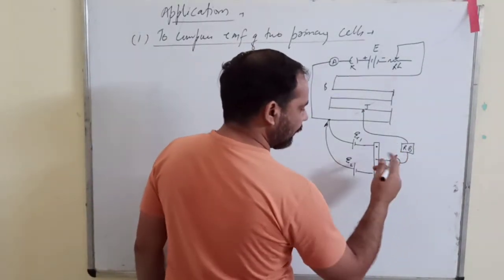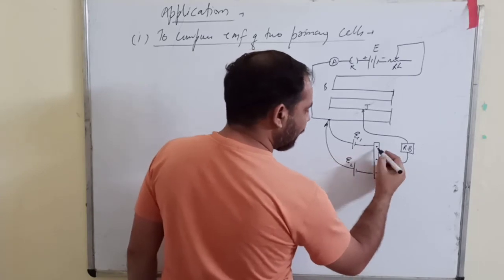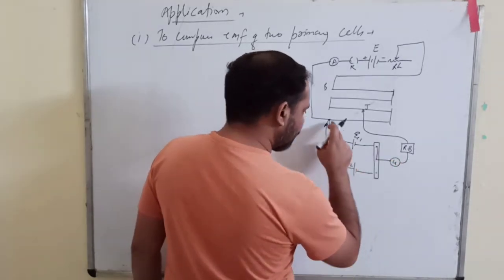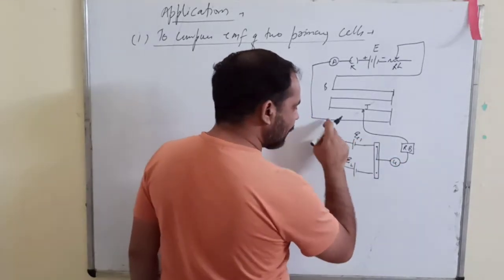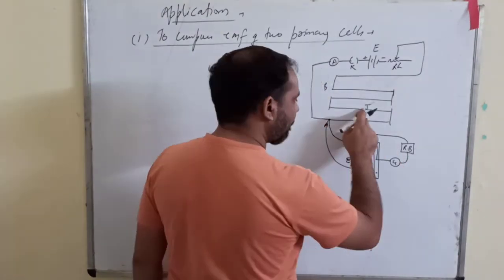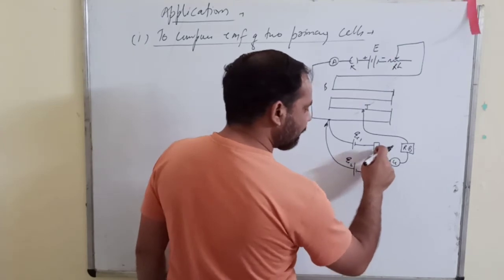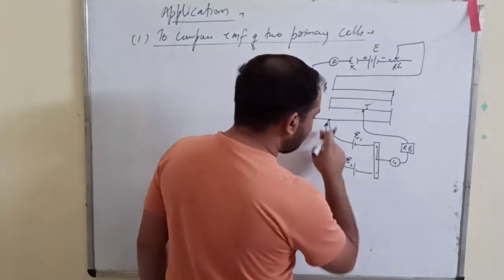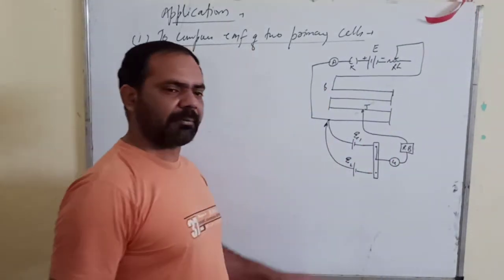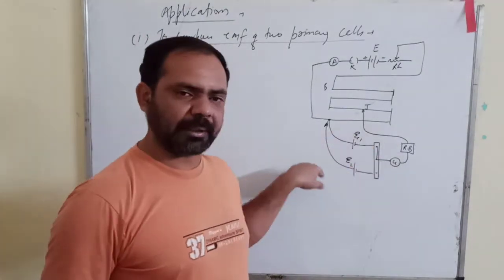This is a two-way key. Suppose if I close this key, then the current of the first cell would be flowing through this circuit. And if I remove this and connect these two terminals, then the current of the second cell will start flowing through this circuit.